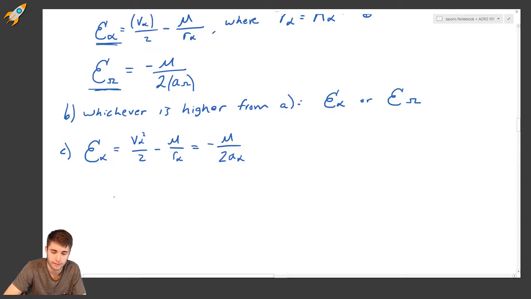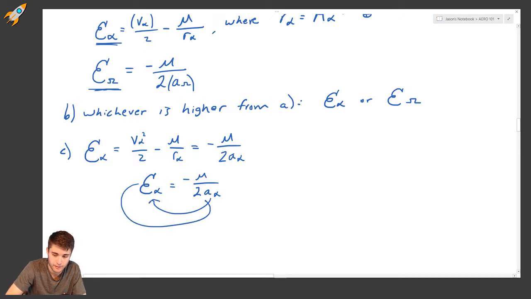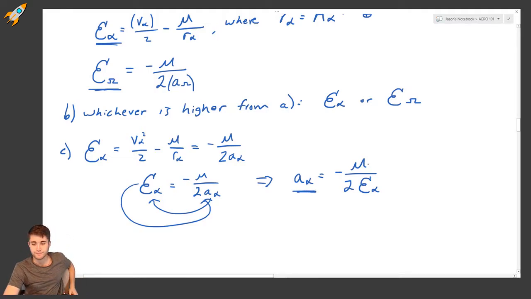Well, we know the energy of alpha, which was calculated in part A, is equal to negative mu over 2 times the semi-major axis of alpha. If we just move the semi-major axis over here and replace it with energy, then we get the following. The semi-major axis of alpha is equal to negative mu over 2 E of alpha. And check that out. Now we have the semi-major axis of alpha.